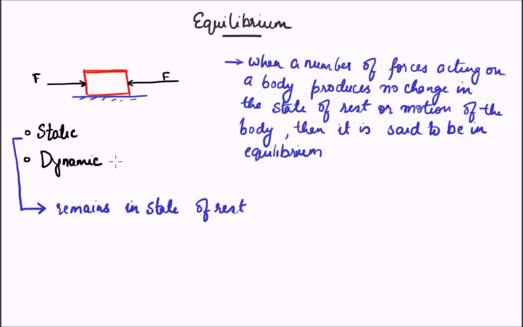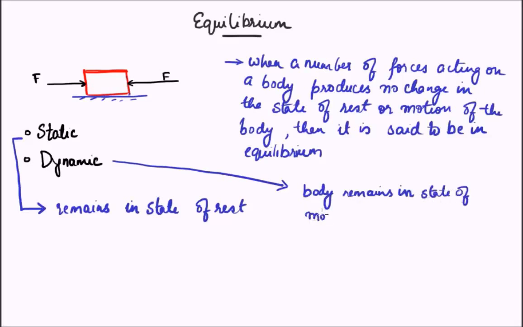Dynamic equilibrium, on the other hand, is when the body remains in a state of uniform motion, let's say, under the application of several forces.